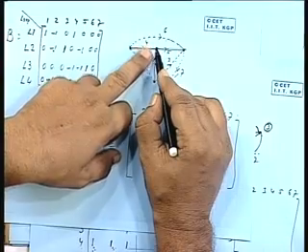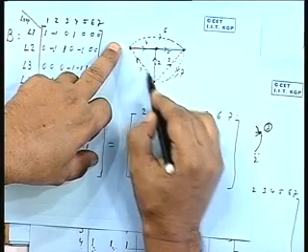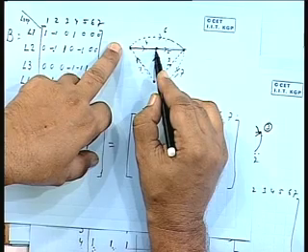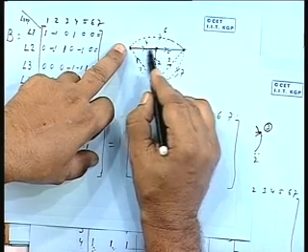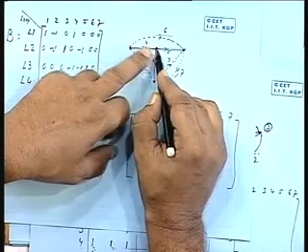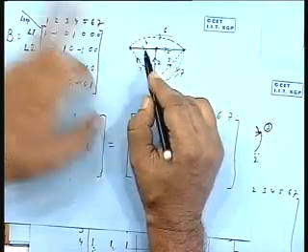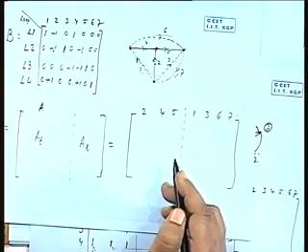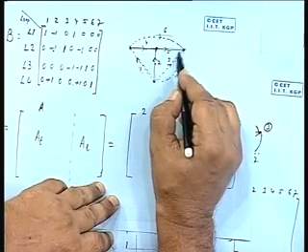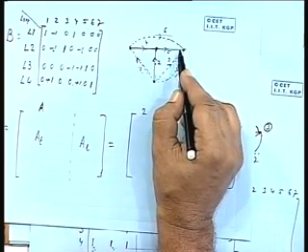So from here, though there are 3 elements, you take this loop, then only 2 and 5 will be involved. 4 cannot be involved. 3 elements of a particular node cannot be involved in a single loop. I can have a loop going out like this and which will be involving 2. So either 2 and 4, or I can have a link with 4 and 5 or 5 and 2, but not all the 3. So only 2 elements of A in a row will be involved in elements of B.